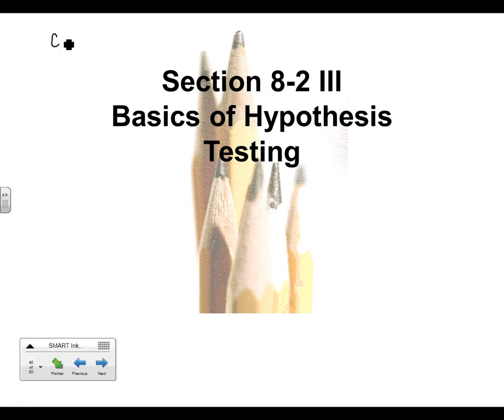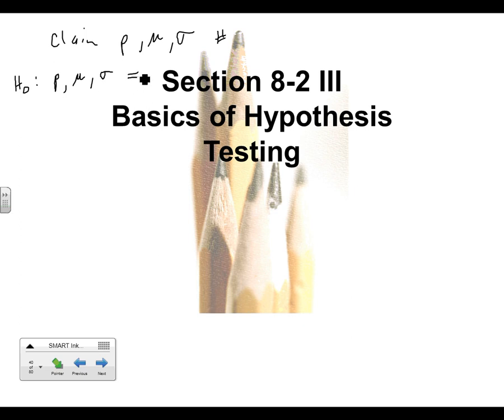First, we have a claim. That claim involves three letters. Claim also involves a number. Okay? So, the null hypothesis. Which symbol is used in the null hypothesis? One of those three: the population proportion, the population mean, or the standard deviation.